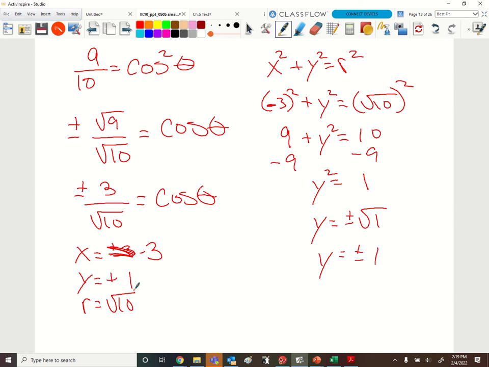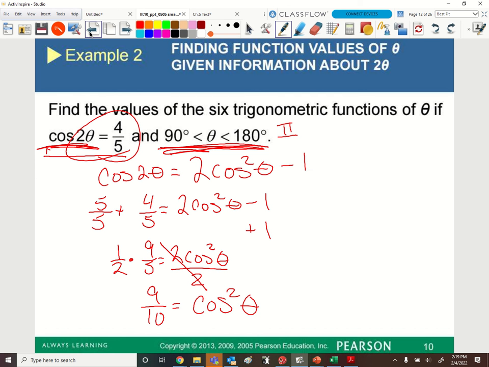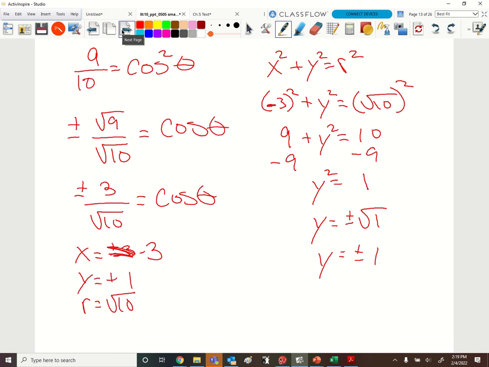So I believe the notes on this one specifically said, find the 6 trig functions. It's not too bad, right? For my 6 trig functions, you only need to know 3 numbers: x, y, and r. That's all you need. You could actually plug these in, and guess what?